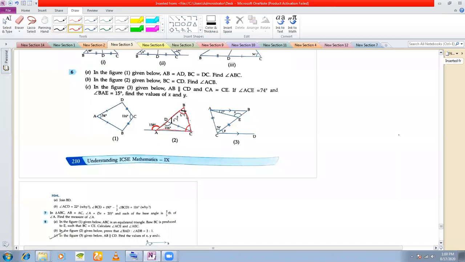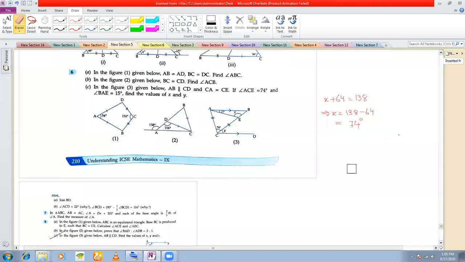So therefore, if I take this entire angle to be x, that means x plus 64 must be equal to 138. That means x is equal to 138 minus 64, which is 74. Okay, 74 degrees. Clear? Anyone who did not understand? So I hope you can do it on your own.